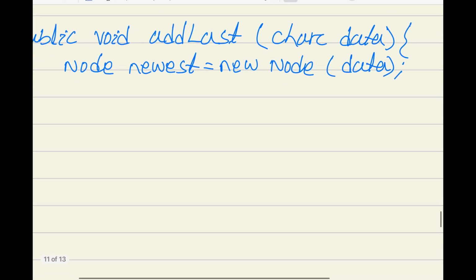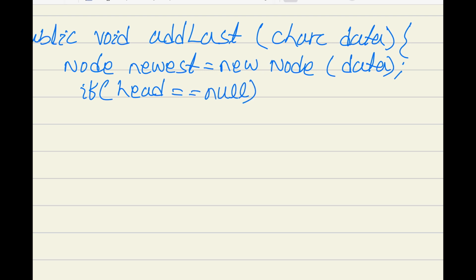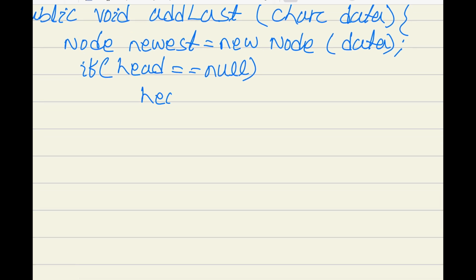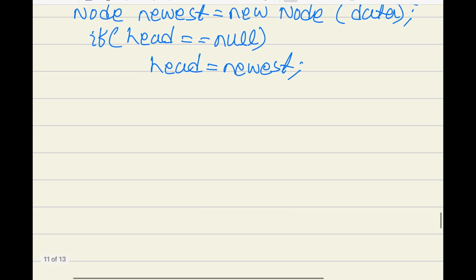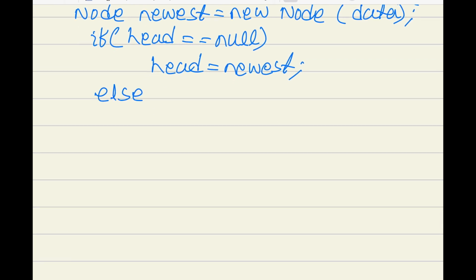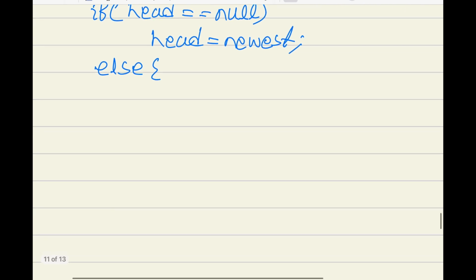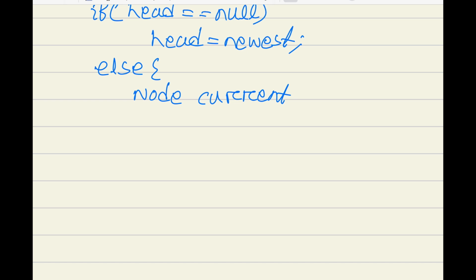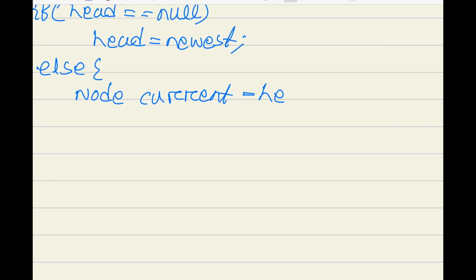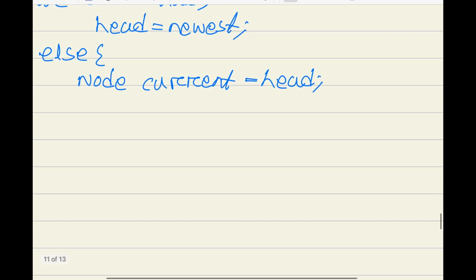Then if head equal to null, that means the list is empty, then head equal to newest, else that means the list is not empty, then we can take a reference variable current, and initially it is assigned to the first node or head.